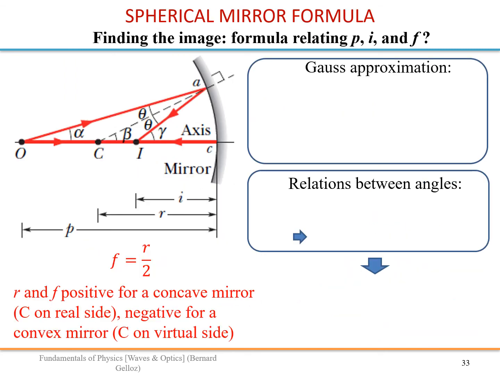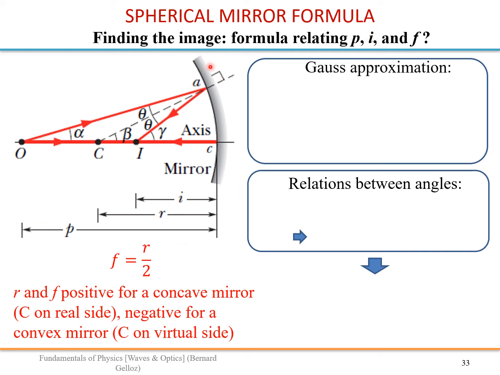Let's find out where the image is for a spherical mirror. So we are going to establish the spherical mirror formula. We need to find i as a function of p and f. f is a property of your mirror, p is where your object is, and what you want is i.